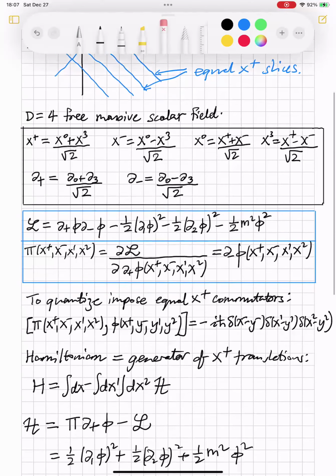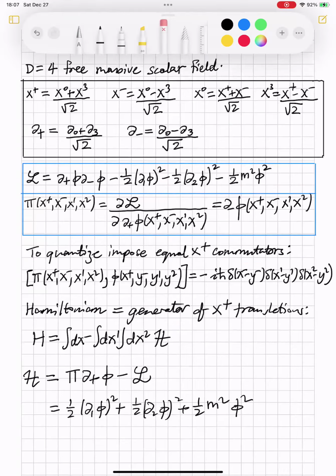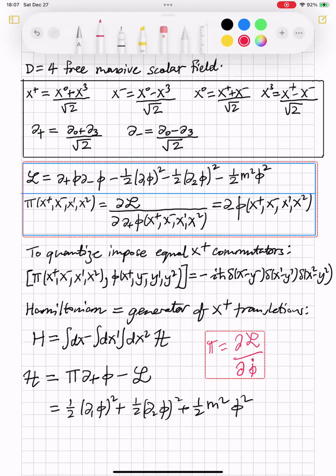Usually when we work out the conjugate momentum, we would say pi is equal to dL d phi dot. Now, phi dot means it's the derivative with respect to t of phi. That's the old version.